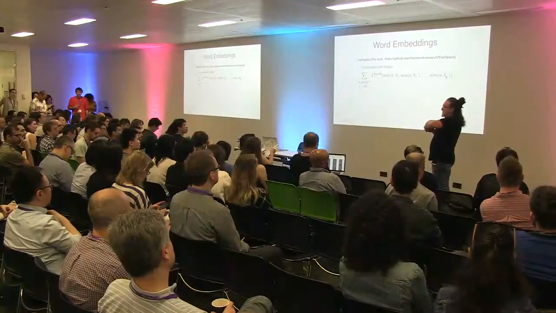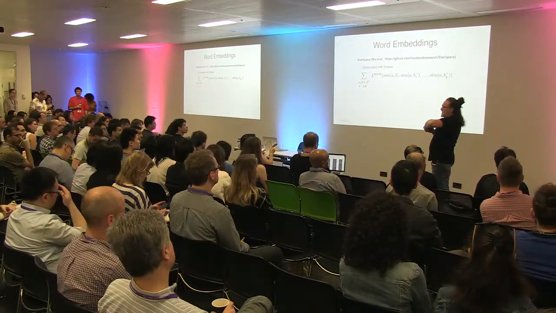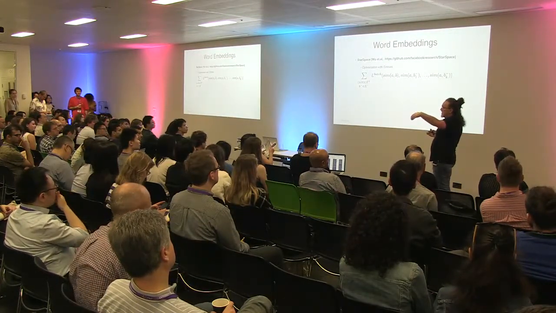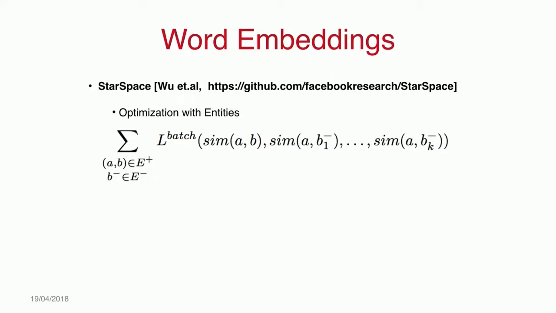We don't even care if we overwrite the same cells in a matrix or rows, because eventually we have a huge vocabulary and it doesn't matter. So we're making stochastic gradient descent updates in parallel. That's one of the techniques used in every algorithm, fastText, word2vec, and so on.